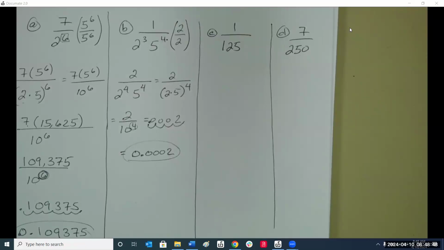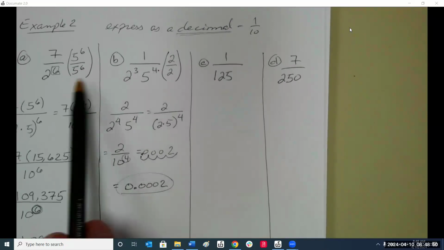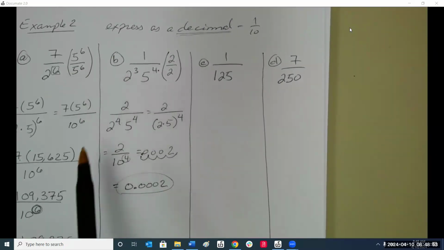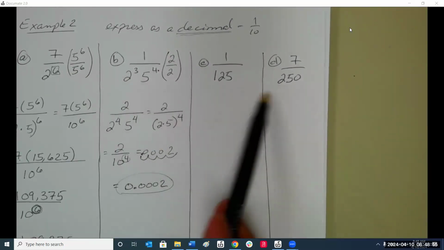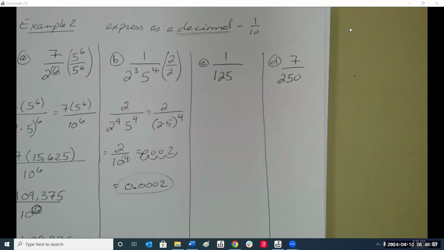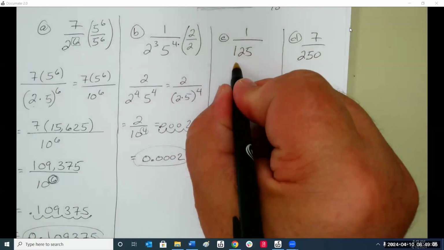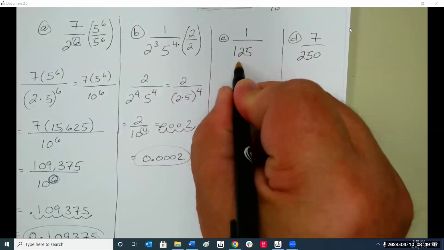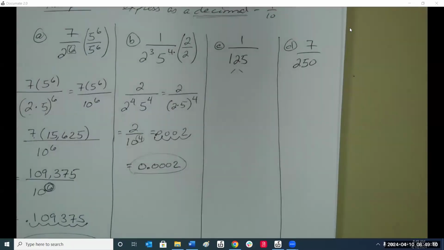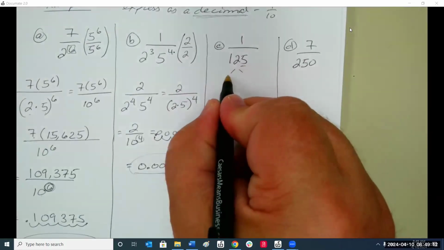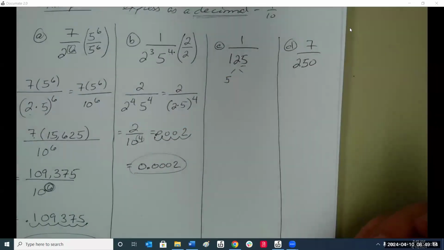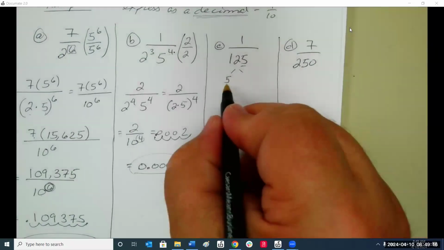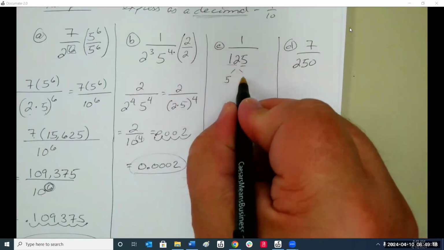How would you do the next one? Yeah, these first 2 were nice enough to be separated for us. So what do you think we have to do for the next 2? Yeah, we have to factor them out. So we have to take 125. Since it ends in a 5, we know it's divisible by 5. 5 goes into 12 how many times?